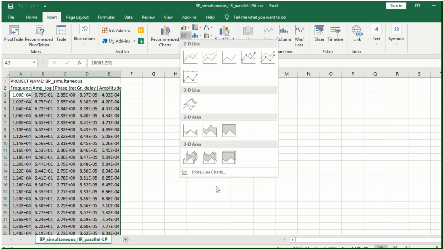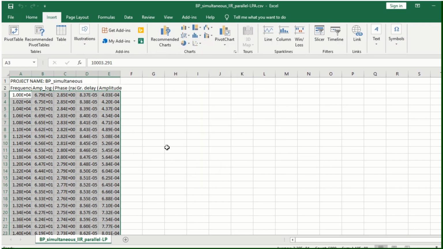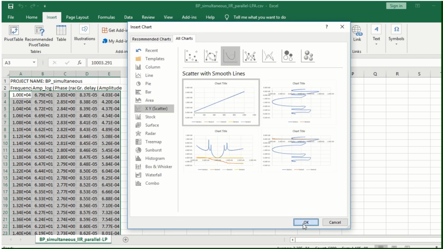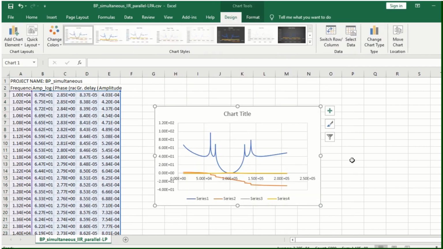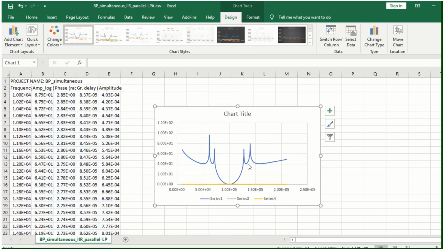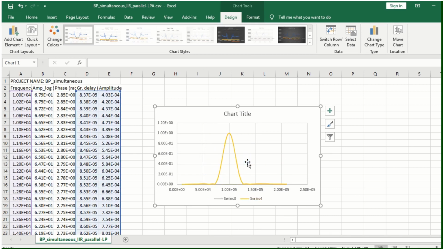Let's see the diagram. So as you can see, it's perfect. This is the phase. This is the attenuation. This is the amplitude characteristic, and this is the group delay.